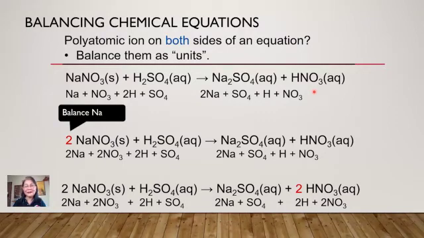When we placed the coefficient 2 before sodium nitrate, it made the number of NO3 ions equal to 2, just the same. So, counting the number of particles present as well as the elements present on both sides of the equation, now we have a balanced chemical equation.